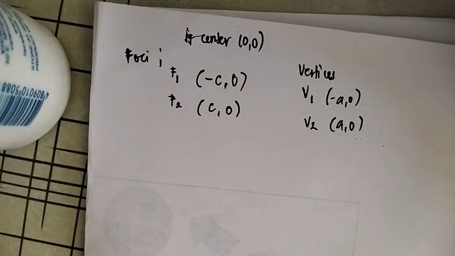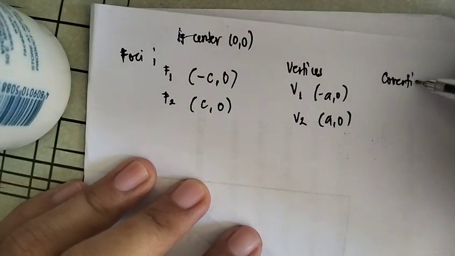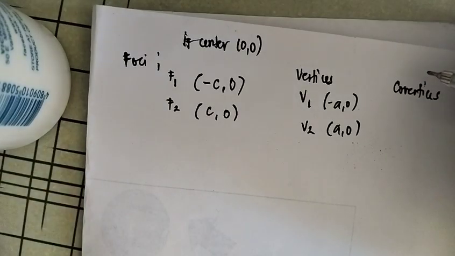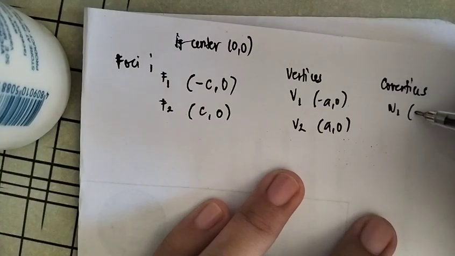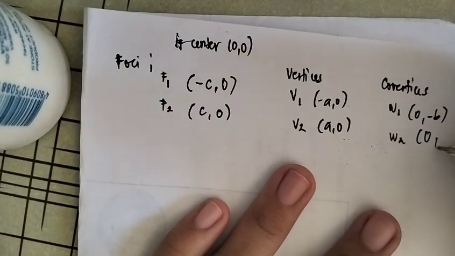What else? The co-vertices, those on the minor axis. So, W1, let's say, is 0, negative b, and then W2 is 0, b.